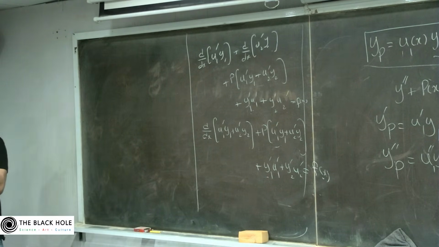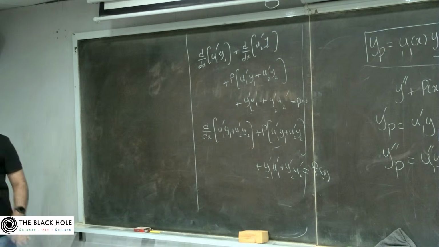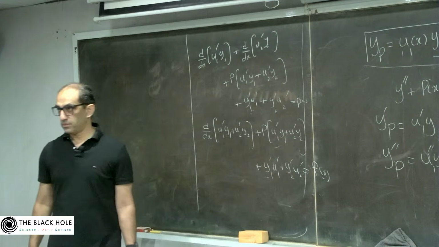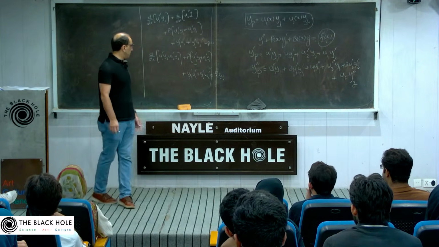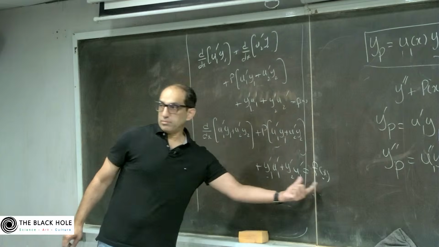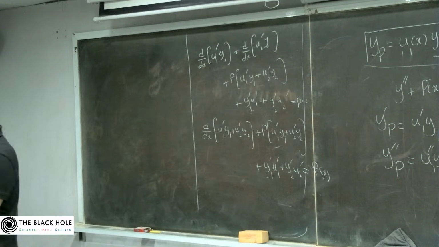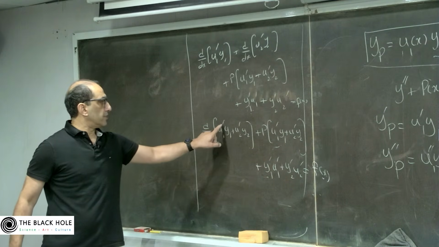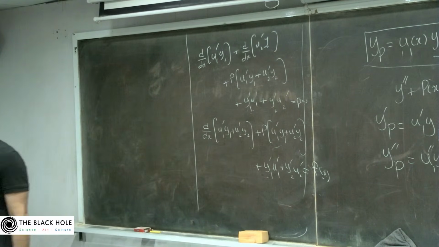Can you see similar terms here? As you can see, these two terms are similar, and the other equation is this one because it contains y1 dash u1 dash, whereas over here it's u1 dash y1.